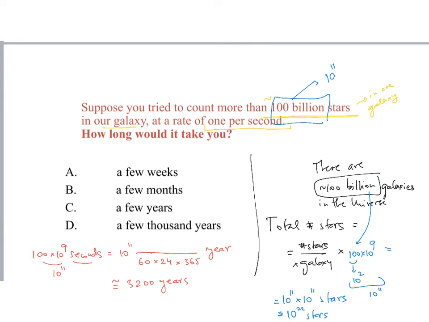So even if you count one star per second, for 100 billion stars you're going to need 100 billion seconds, which is this many years, right? So if you are able to count one star per second, you would need a few thousand years.